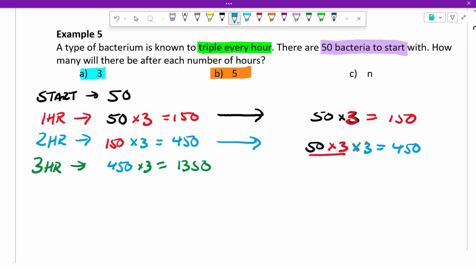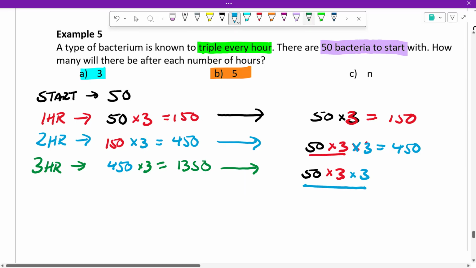Then our last calculation we did is we tripled 450. Where did 450 come from? It came from this line here. So 450 came from 50 times 3 times 3. That's our 450.